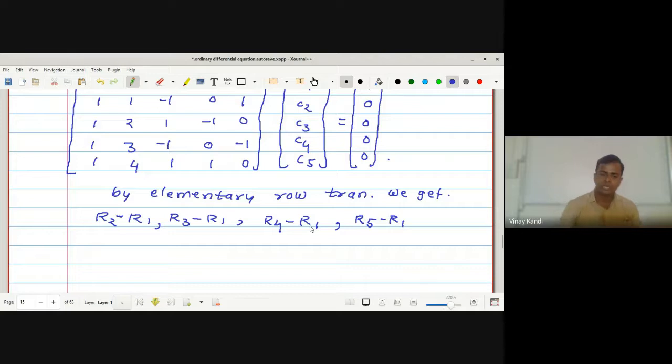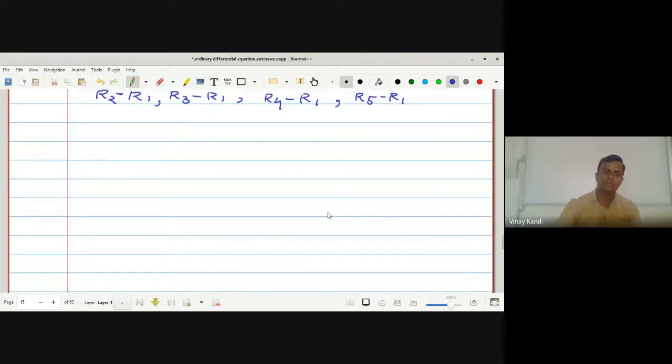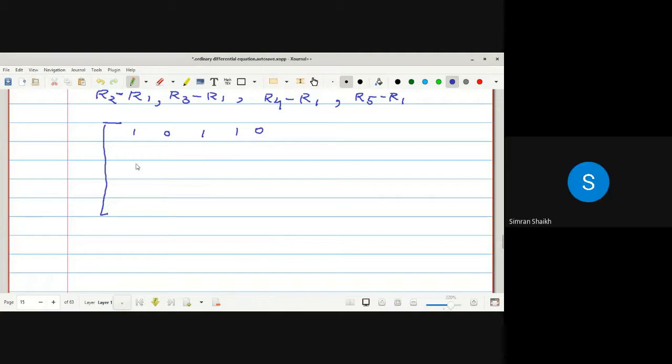Okay, now tell me the entries. Write the matrix and tell me. The first row is as it is: 1 0 1 1 0. Second row 0 1 -2 -2 -1 -1 1.